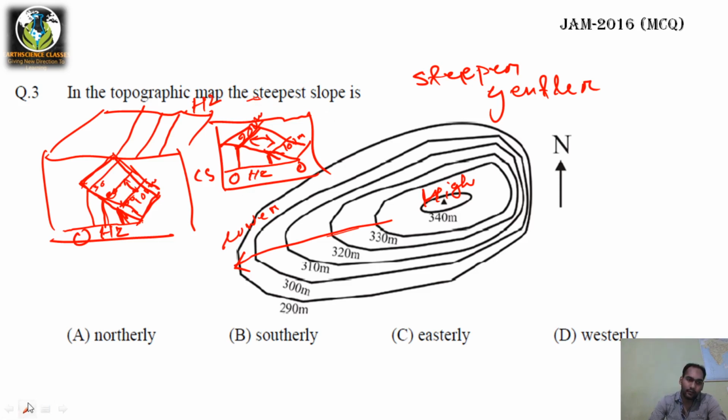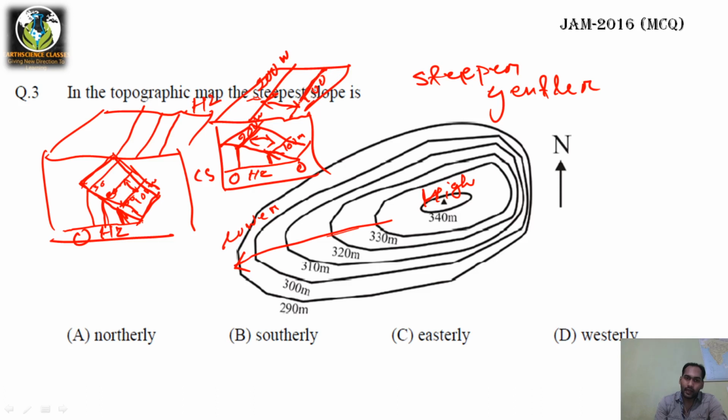So when you project it in horizontal or map, when you see it in map, then what happens? Suppose this is the map, this is 200 meter and this is 100 meter, right? So you can see the gap between two adjacent strikes.